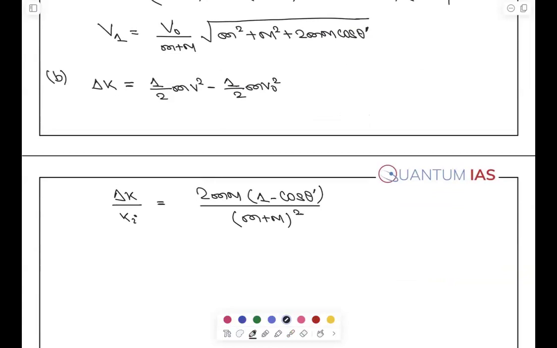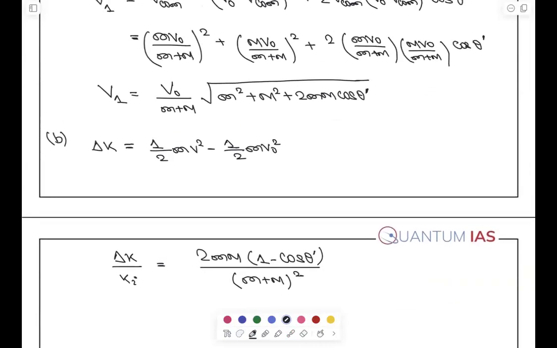Let me know if it is coming or not. V और V1 is the same thing है ना? If you want to write, you can write V1 here.